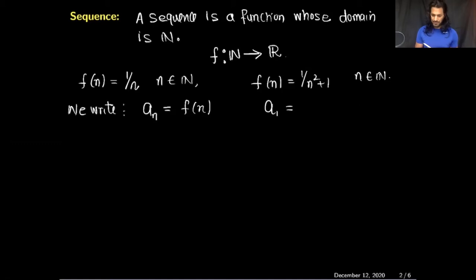In my first example, a1 will be 1 over 1, which is 1. Similarly, I can calculate a2, which will be 1 over 2, because I'm taking the value n equal to 2. These a1, a2, a3 and so on are called the terms of the sequence.